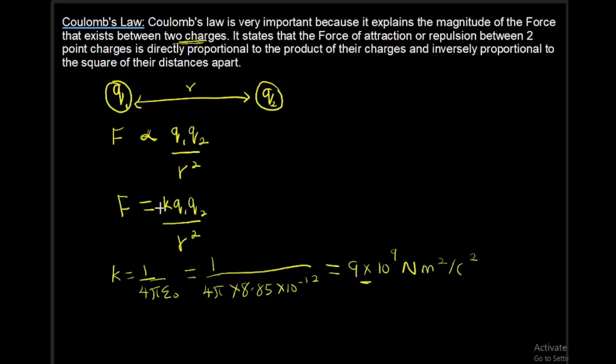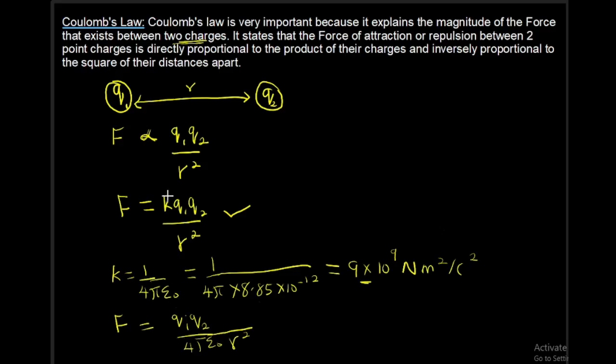Whenever you're using this formula, have it at the back of your mind that K is equal to this. It's a constant, always equal to this. So this formula can be written as F equals K Q1 Q2 over R squared, or it can be written as F equals Q1 Q2 over 4 pi epsilon 0 R squared.